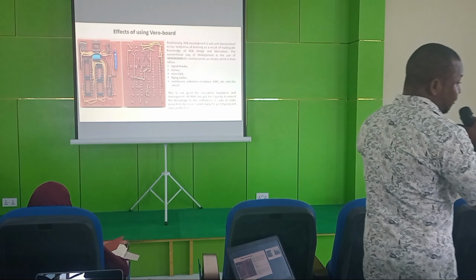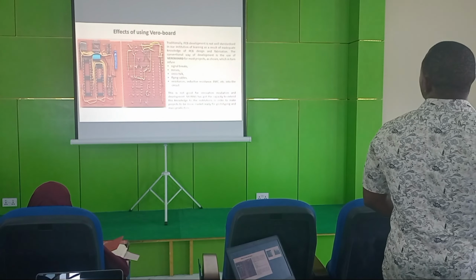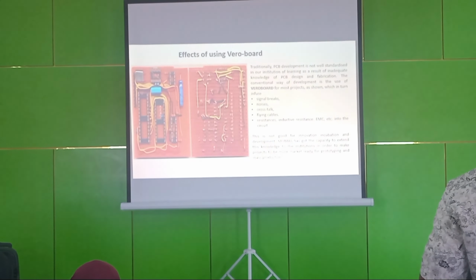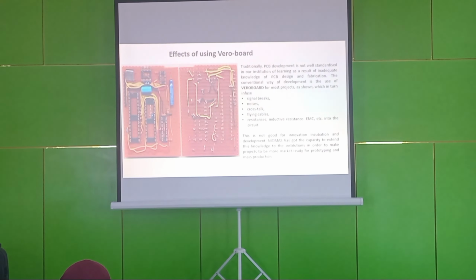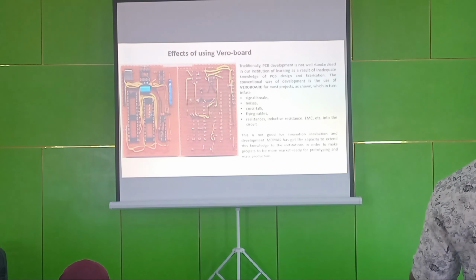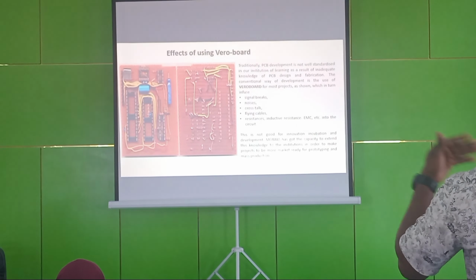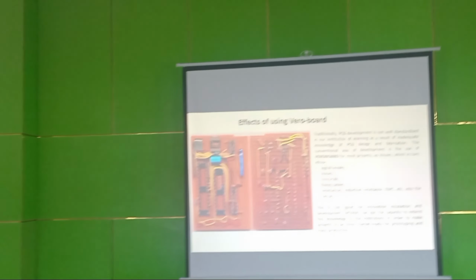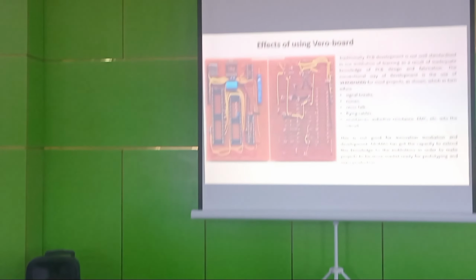What are the reasons? What causes those things? These are due to maybe signal breaks, noises, crosstalk, flying cables, resistance, inductive resistance, EMC, and so on. And what are the causes of all these things? They may be caused by jumper wires that are being used.